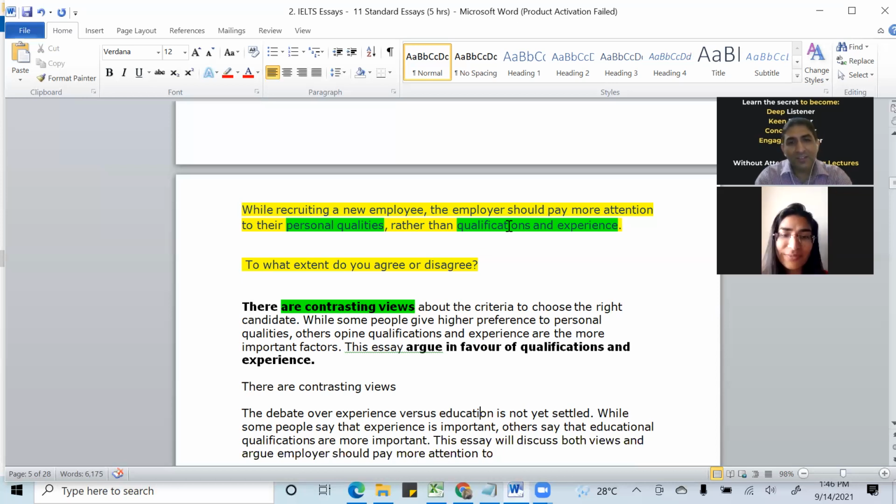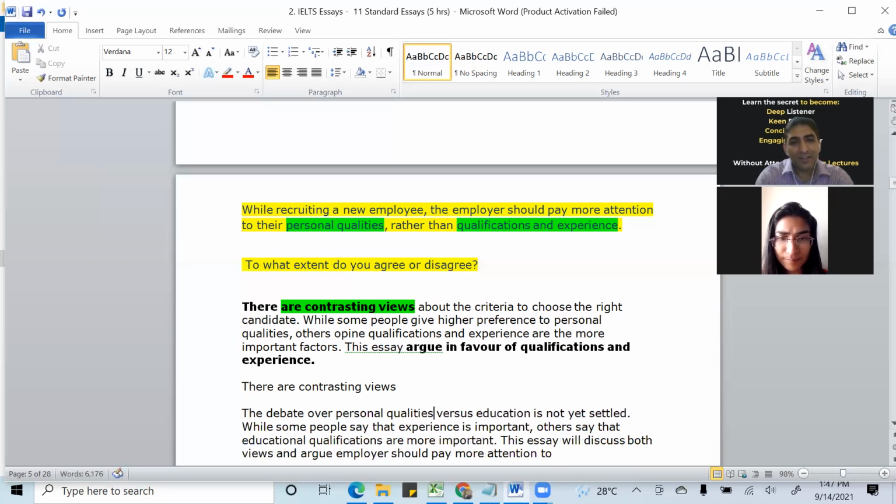Yes, so you have to change it. I didn't read it. I committed a mistake there. The debate over personal qualities versus education and experience.